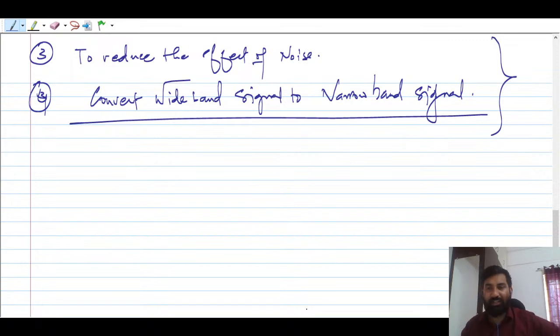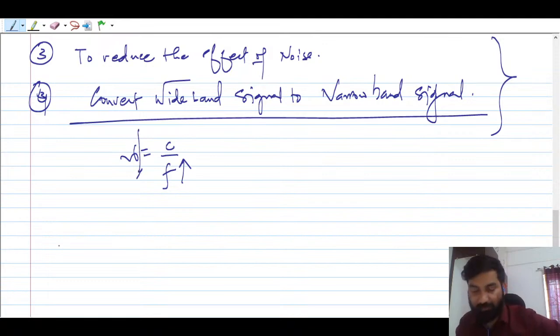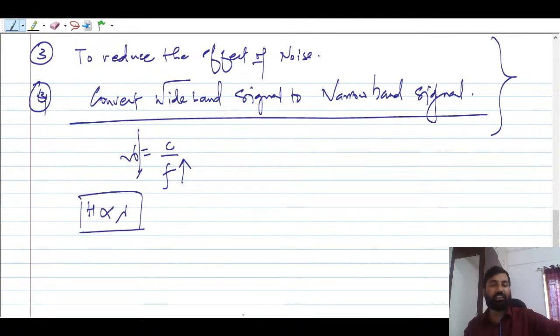As I said, we can do simple math quickly. We know that lambda is c by f. If f is increasing, lambda is going to decrease, and the height of the antenna is proportional to lambda. You might have heard about half wavelength antennas and quarter wavelength antennas, lambda by 2 and lambda by 4 antennas.